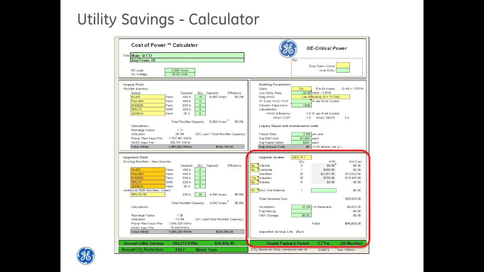Similarly, it is able to calculate some approximate cost of replacement equipment based on what we're taking out and what we're replacing it with, and give you a very simple payback period. I don't like to use that number very much because it is very simplified. But typically we are seeing savings; in this particular instance, the savings were $56,000, almost $57,000 a year, based on the parameters that were fed into the model.